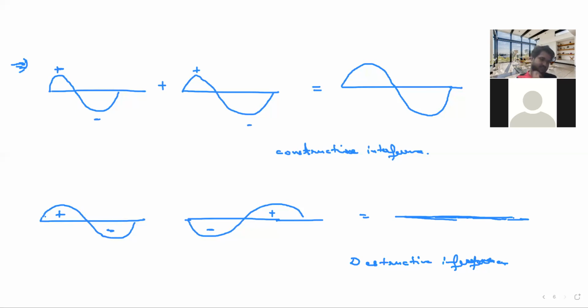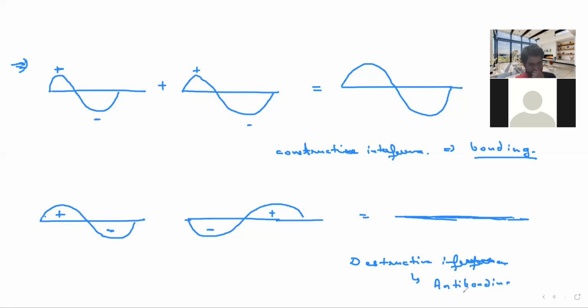Remember always, whenever I say constructive interference, you will call it a bonding orbital. And whenever I say destructive interference, I will call it anti-bonding.